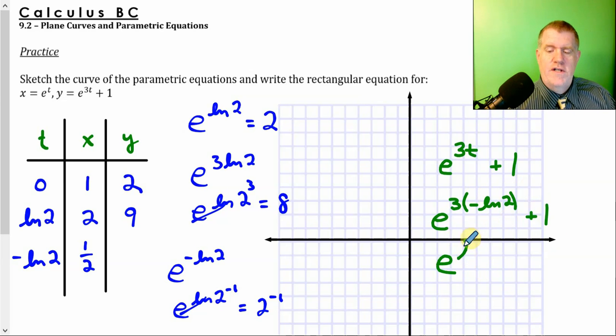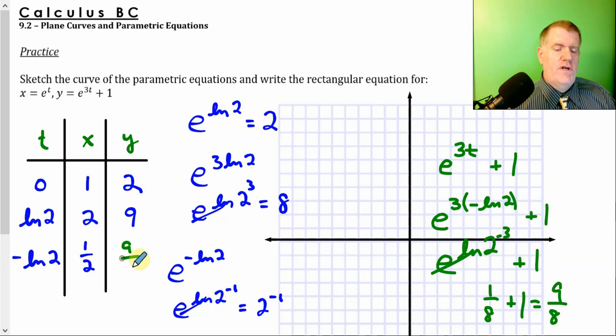So it's going to take e to the natural log 2 to the negative 3. 2 to the negative 3, e is kind of gone, is 1/8 plus 1, so we have 9/8. Not a fun one to graph, but I want you to be aware that x and y will never, ever, ever be less than or equal to 0 in this particular case.